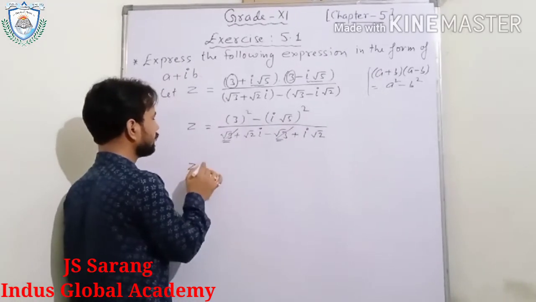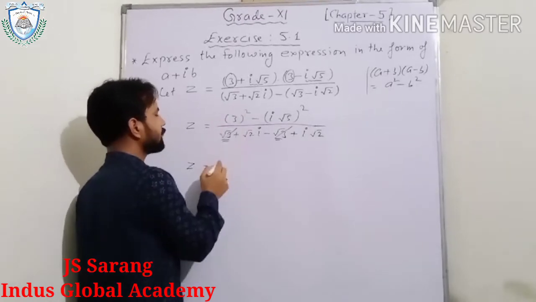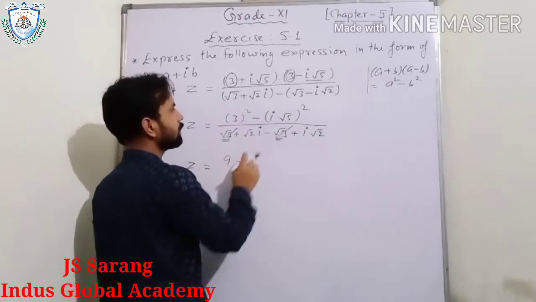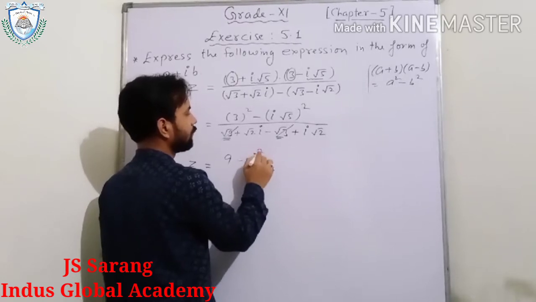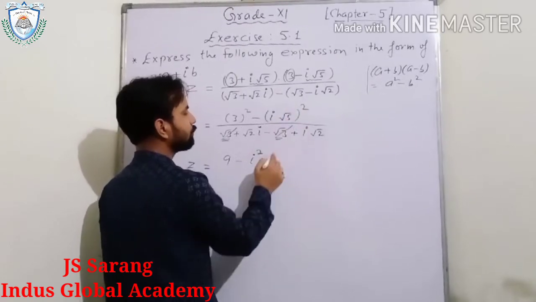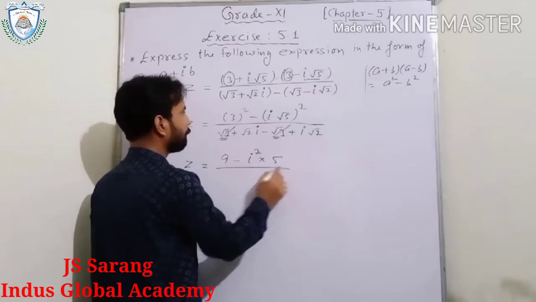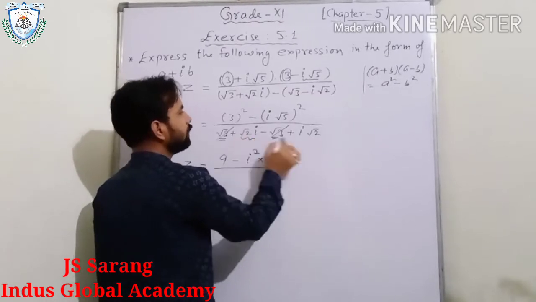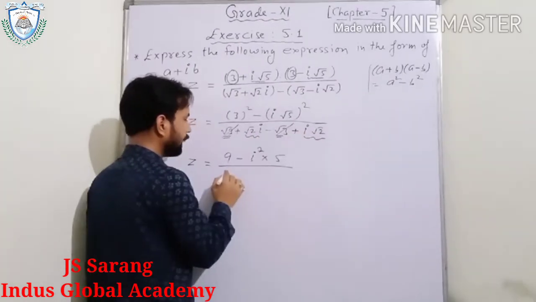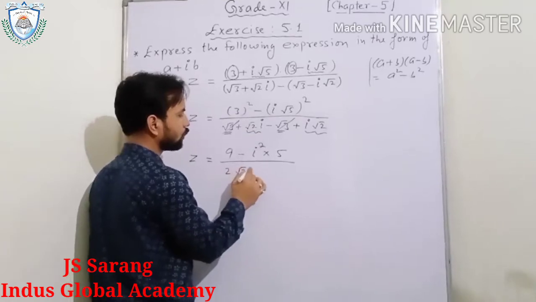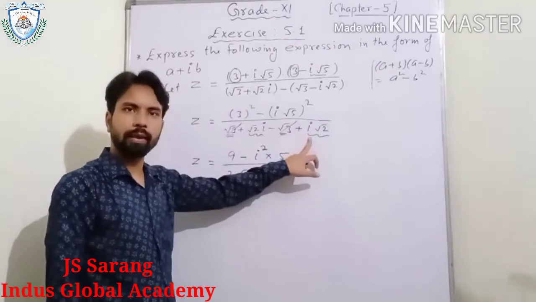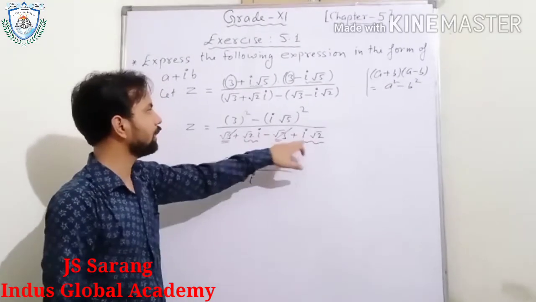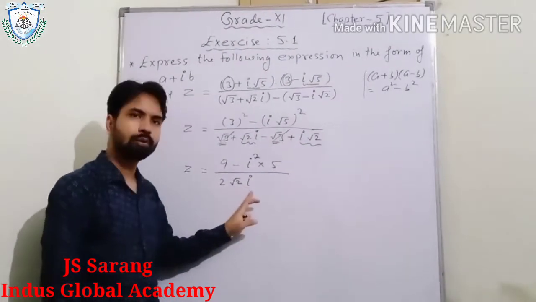So z equals 3 square, which is 9, minus i square into root 5 square, which gives 5, upon root 2i plus root 2i. So it will be 2 under root 2i. Whenever we add both the values, we get 2 under root 2i.